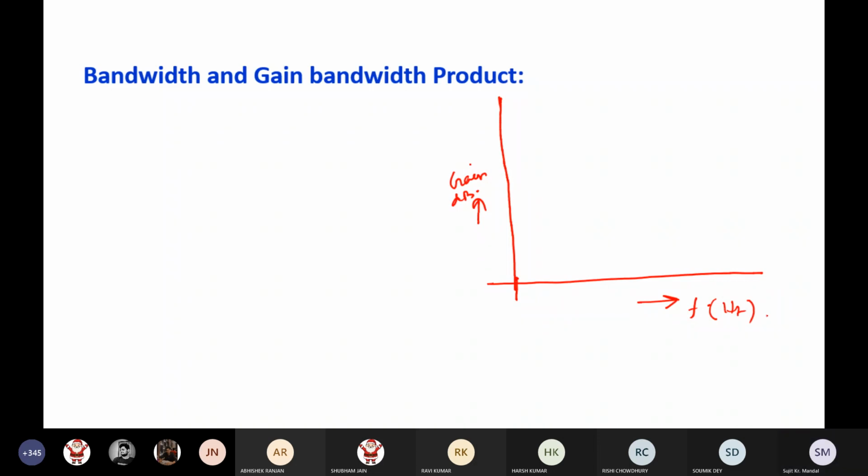Now, the amplifier frequency response characteristic is like this, a common emitter amplifier characteristic, when one is the feedback network not connected and another when feedback is connected.